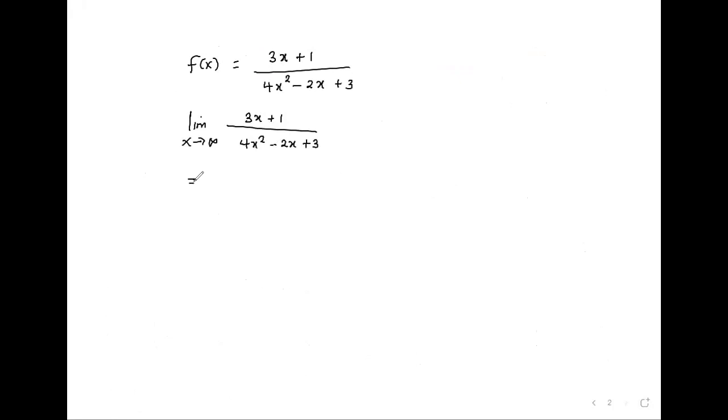What do you do? You say, okay, the limit as x goes to infinity, and then you factor out x squared because that's the highest degree in the denominator. So factor out x squared and then divide through by x squared. So we have 4 minus 2 over x plus 3 over x squared.